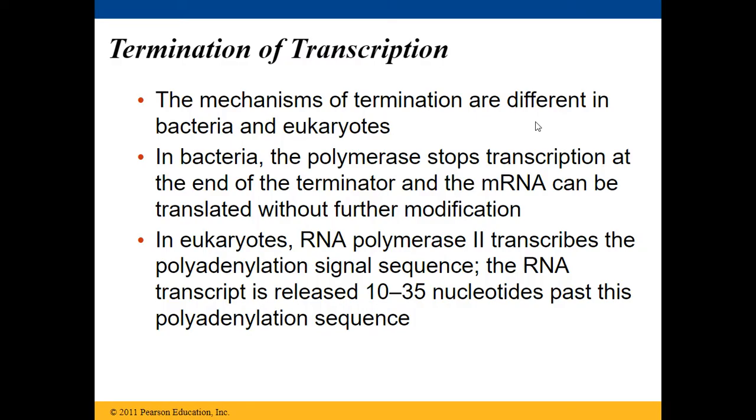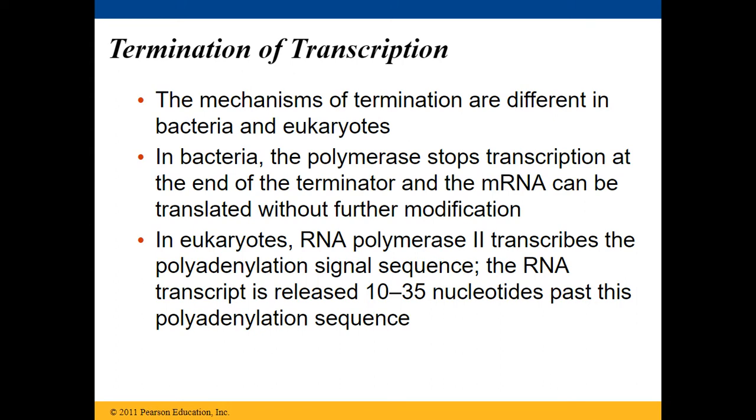The termination of transcription is a series of mechanisms that is different in single-celled organisms and in multi-celled organisms. In bacteria, the RNA polymerase stops transcription at the end of the terminator, and the messenger RNA can then be translated without any further modification. Because remember, in bacterial cells or prokaryotes, there is no differentiation of regions. There are no real membrane-bound organelles, so the DNA is in the cytoplasm.